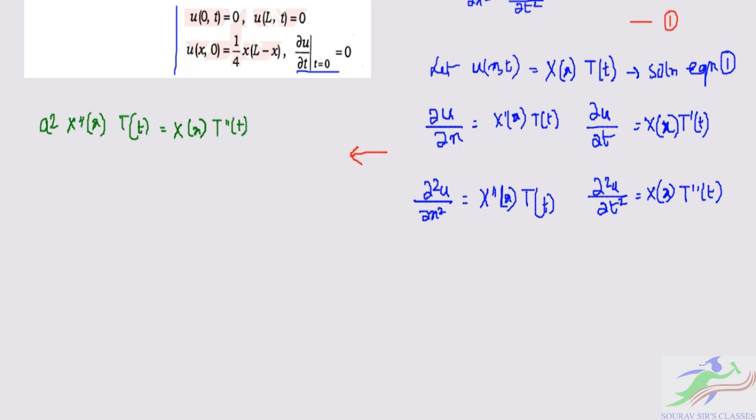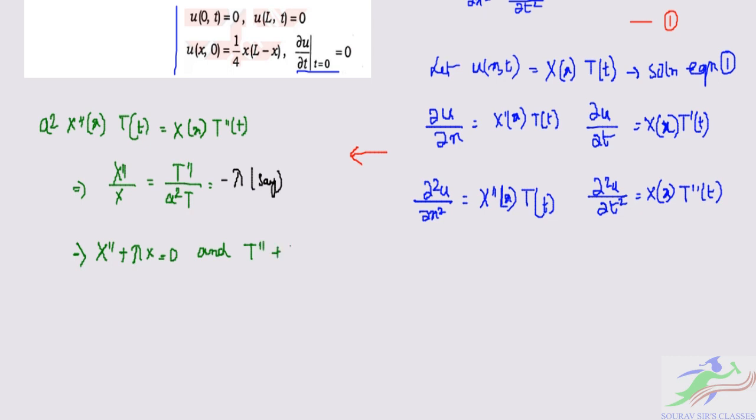So X double prime by X is equal to T double prime by a square T. If we take this as minus lambda, say, then we will have X double prime plus lambda X is equal to 0, and T double prime plus lambda a square T is equal to 0.